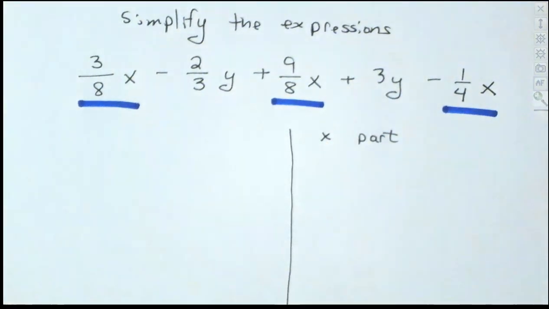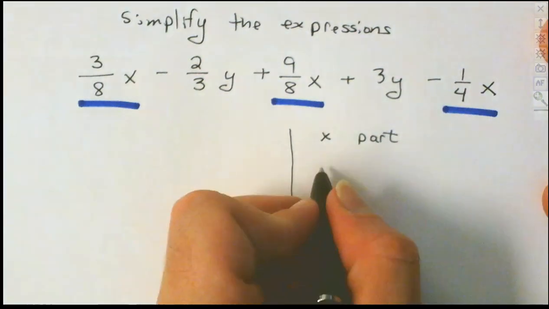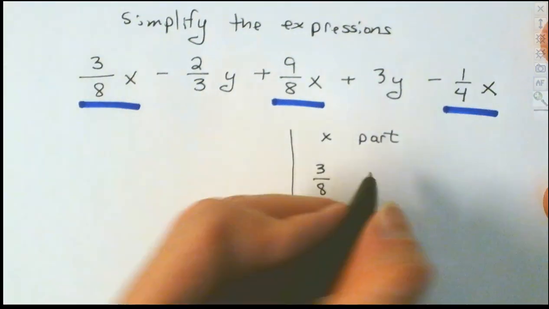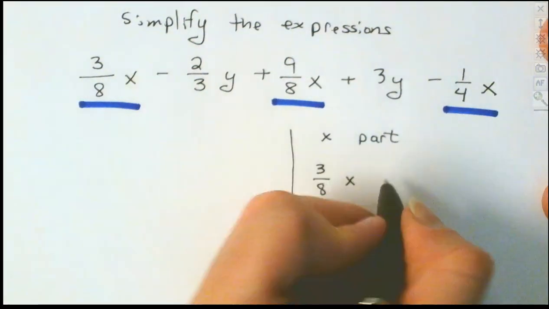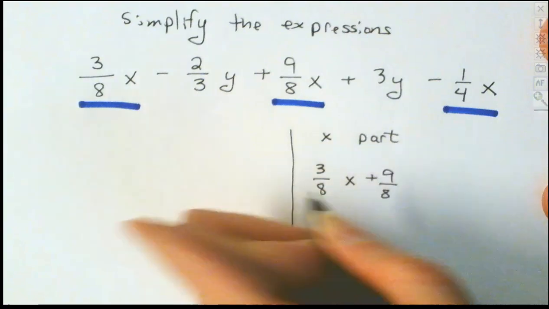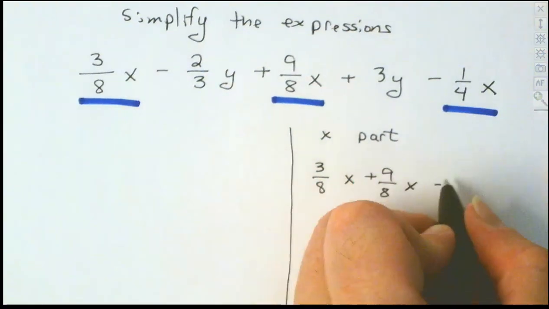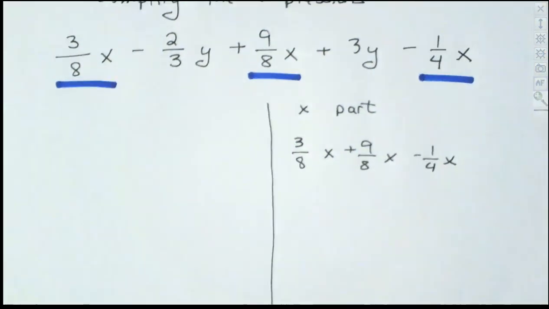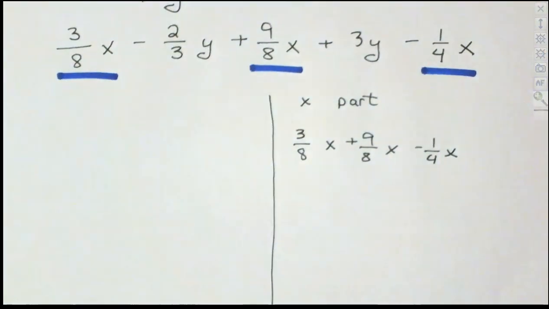So for the x part, what do we have? We look at just the x's here. We've got 3/8 x. We've got 9/8 x, right? And then we've got a minus 1/4 x. Well, if we want to add these together, we need a common denominator. And these are going to be very simple to add together.